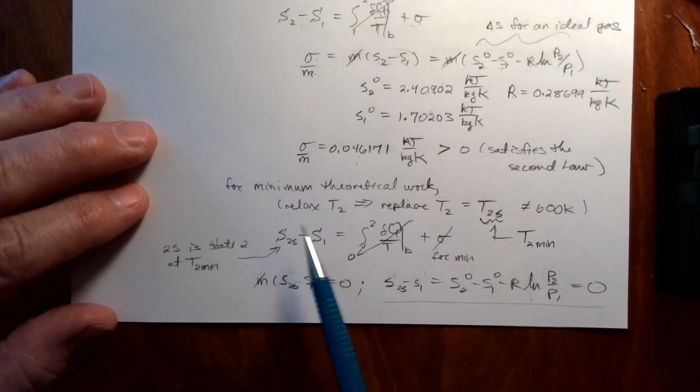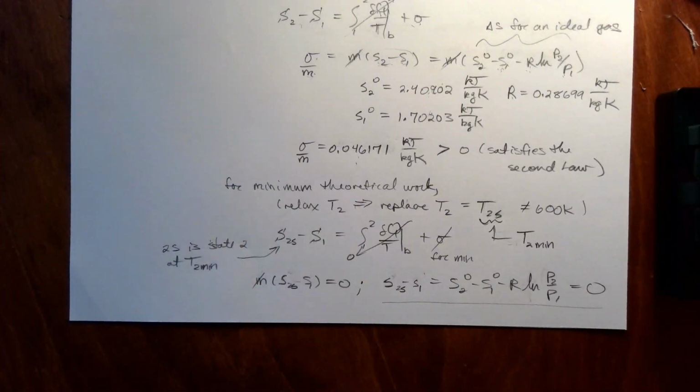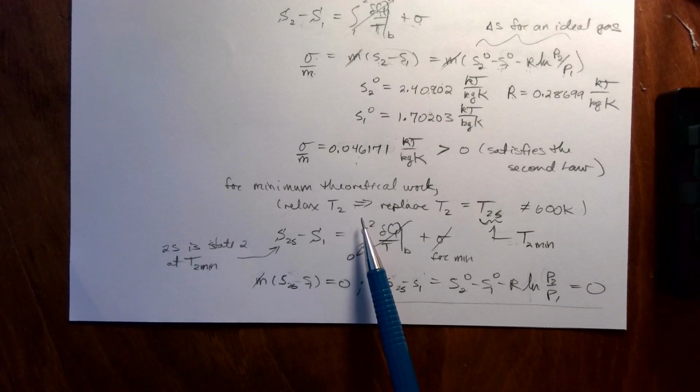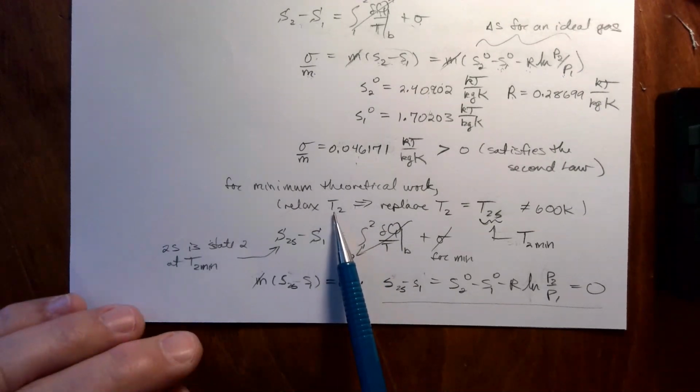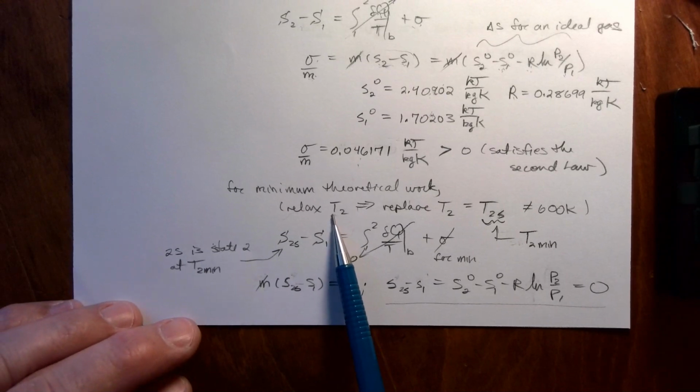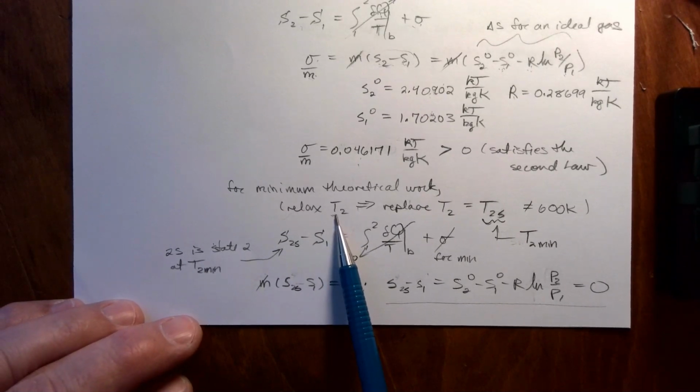Okay, so this is kind of an important concept here that's not really revealed in the problem statement. To find what we're going to call the theoretical maximum amount of work, or rather the minimal amount of work required to make this happen, we're going to relax the temperature at state 2. We still start at 300 K, but we're not going to end at 600 K, so it'll be something less than that.